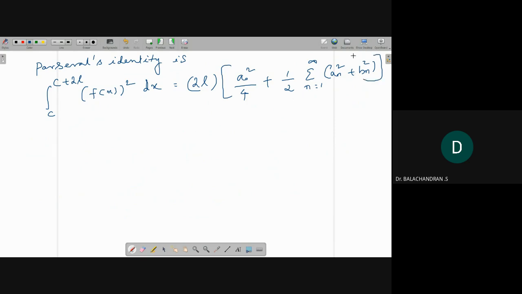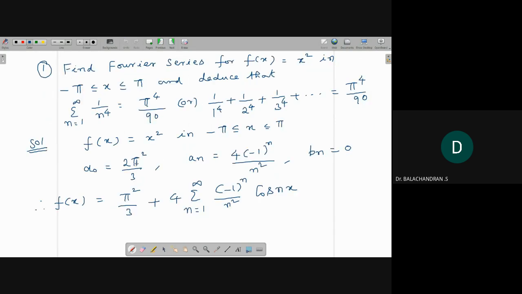Okay, so now here what are the limits? We have minus pi to plus pi. f of x is x square, so x square whole square dx. 2l, l is pi. a naught square by 4, what is a naught? 2 pi square by 3.